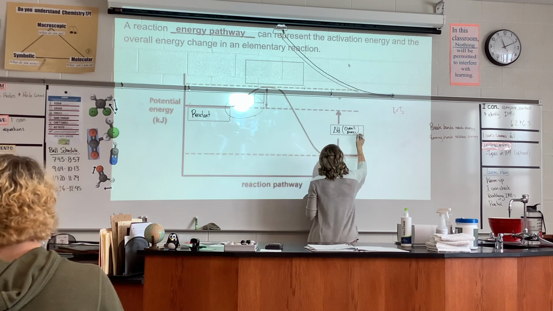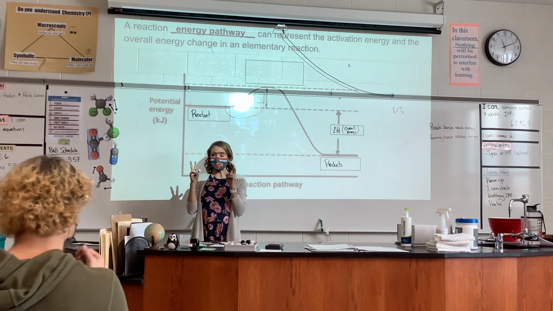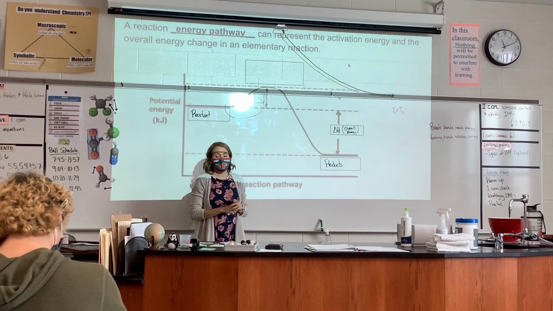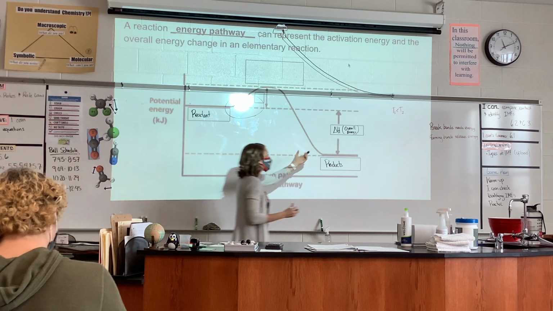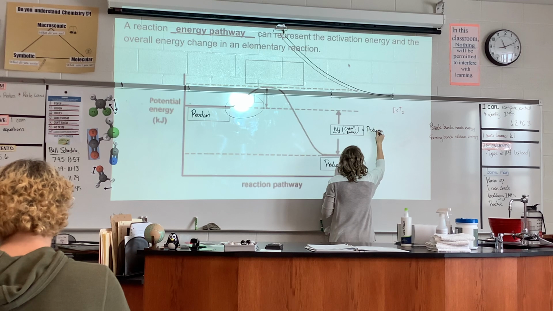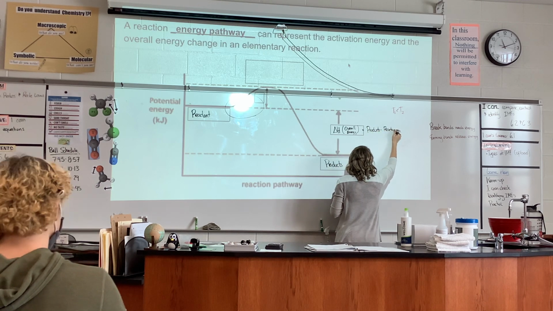We'll talk a lot more about H. You could think of it as representing heat. It doesn't actually stand for the word heat, but it helps because it's the letter H. But it's the overall energy change. To calculate the overall energy change, you always do the energy of the products minus the energy of the reactants.